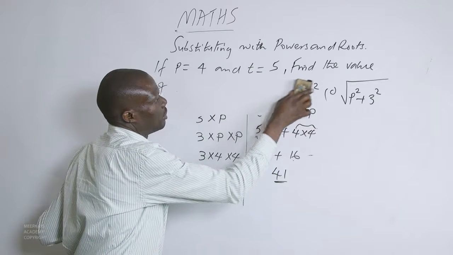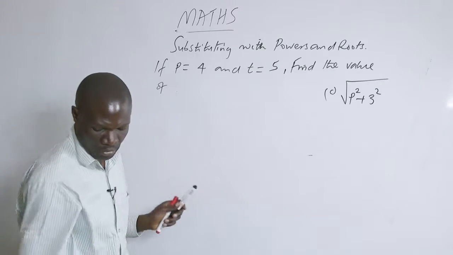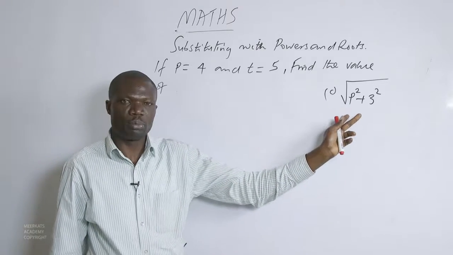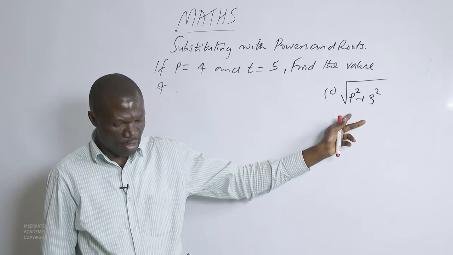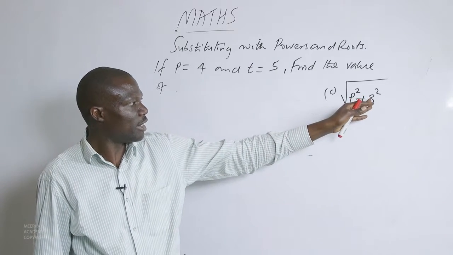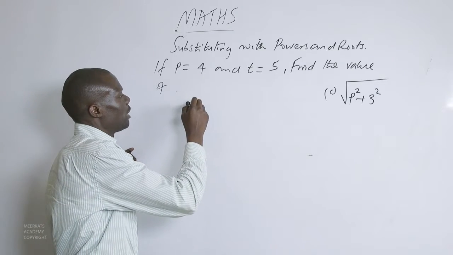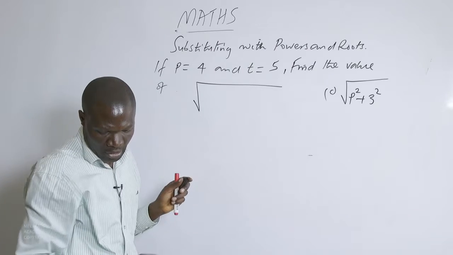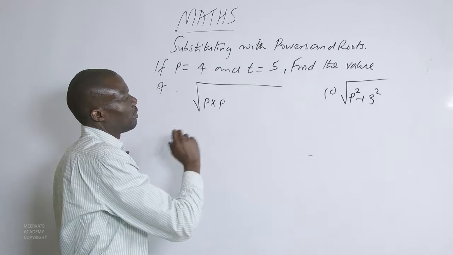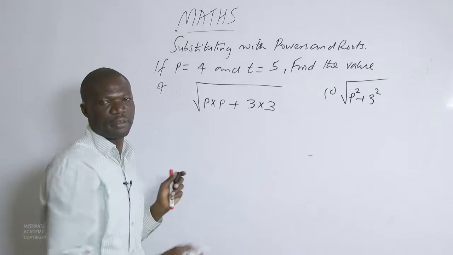The last one, which requires a large space, we have been asked for the root of p squared plus 3 squared. Now, as you can see, if we rewrite that, it is the same as simply writing p times p plus 3 multiplied by 3.